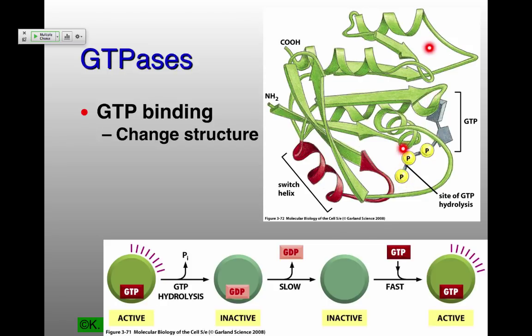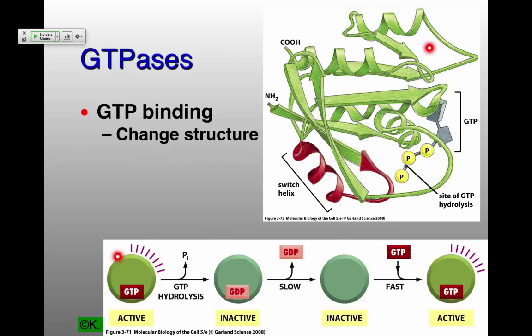When it's bound to GTP, this is the structure of RAS. Once hydrolysis takes place, this piece in red moves a little bit closer and changes whatever interactions are going on here. So GTP binding is going to change the structure. GTP hydrolysis is going to change the structure as well.